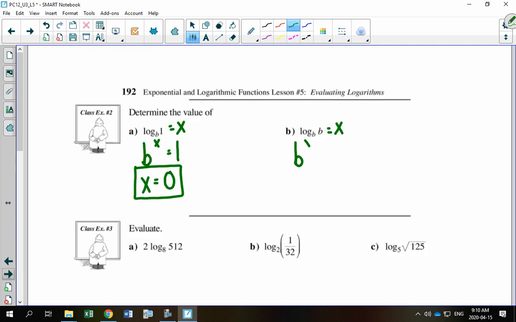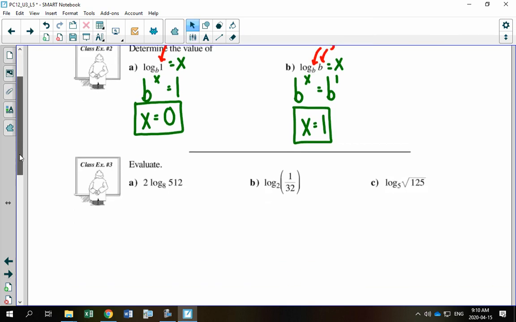So b to the power of x is equal to b to the power of 1, which means x is equal to 1. You'll notice that this is a little shortcut that we're going to need to remember. Whenever your argument is a 1, it's always going to be equal to 0. And whenever your base and your argument are the same, it's always going to be equal to 1. So just a little trick to remember.